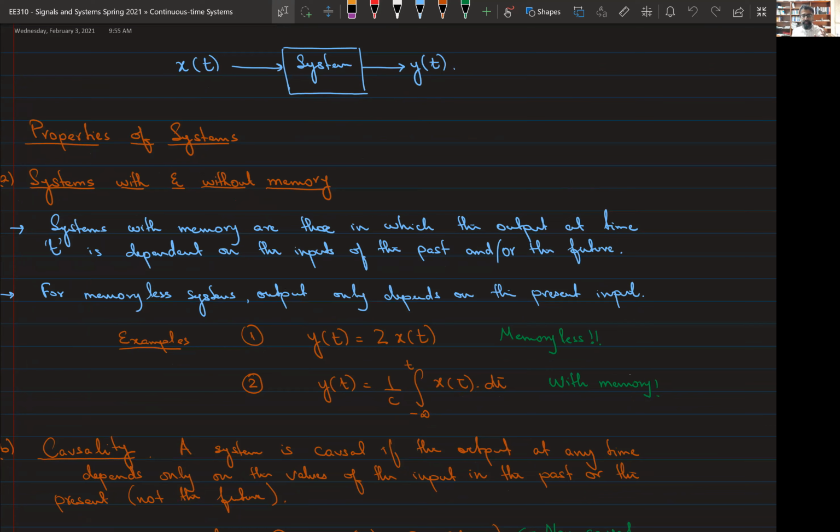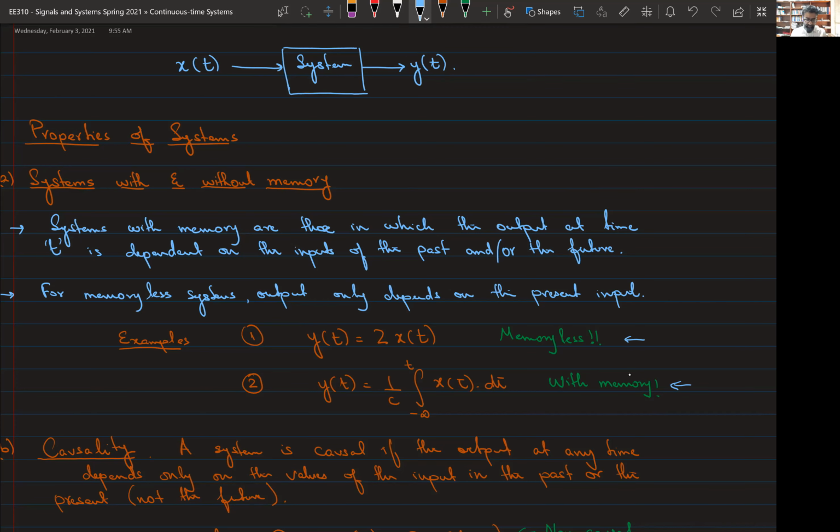So example number one here is a memoryless system because the output at time t is only dependent on the input at time t, and this is a system with memory because it depends on the input for all times in the past, starting from minus infinity all the way up to the current time.